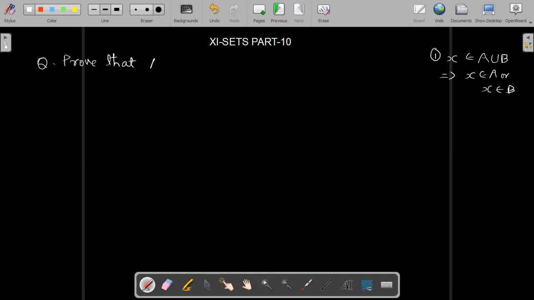Prove that A minus B intersection C is equal to A minus B, and it will become union A minus C. So solving of these questions is quite different.